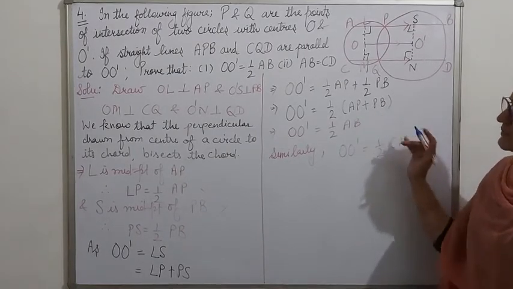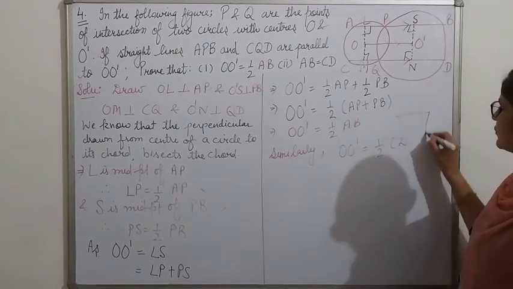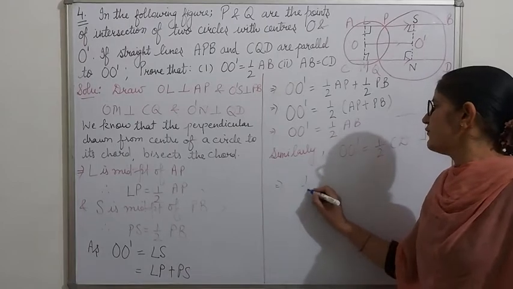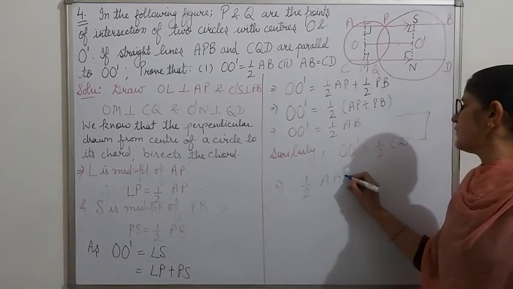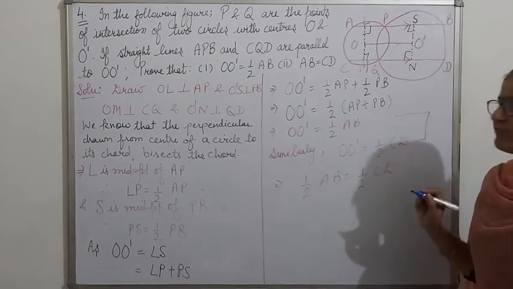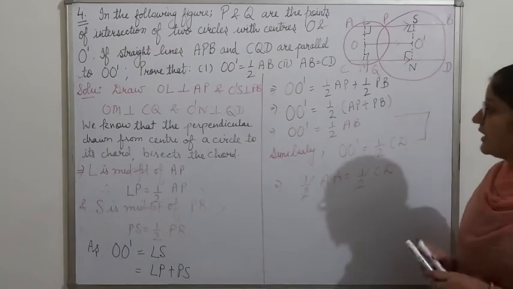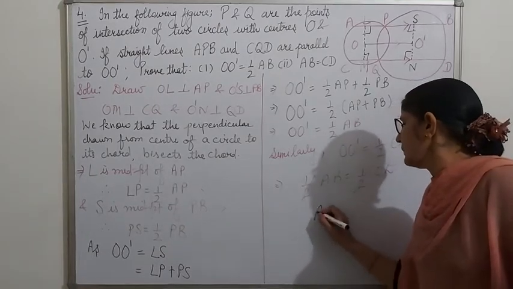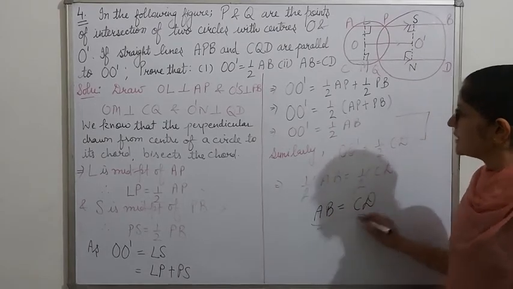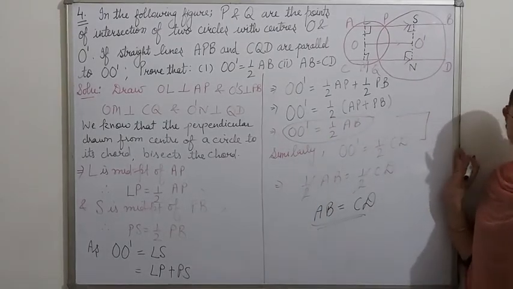If you compare these two, what do we get? Half AB is equal to half CD. Half is cancelled. We get AB is equal to CD. These are the two results we had to prove. And this is the solution.